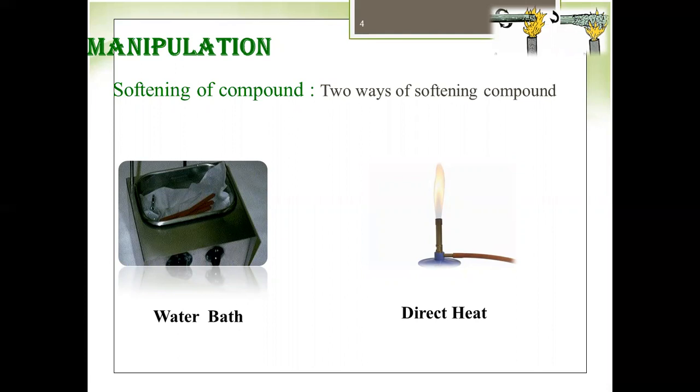When compound is heated, the outside part always softens first and the inner part softens later. That's why the impression compound requires kneading. The temperature of the water bath will be 60 to 65 degrees centigrade, and the sticks are manipulated over direct heat.